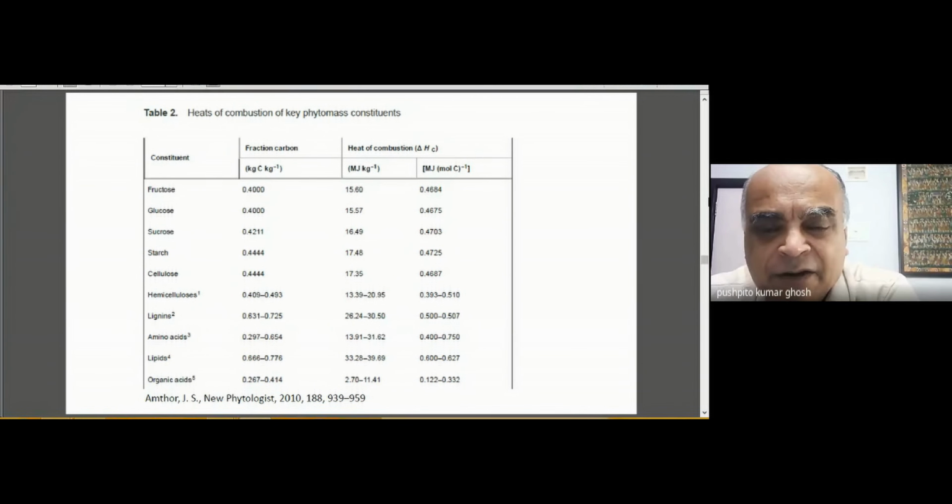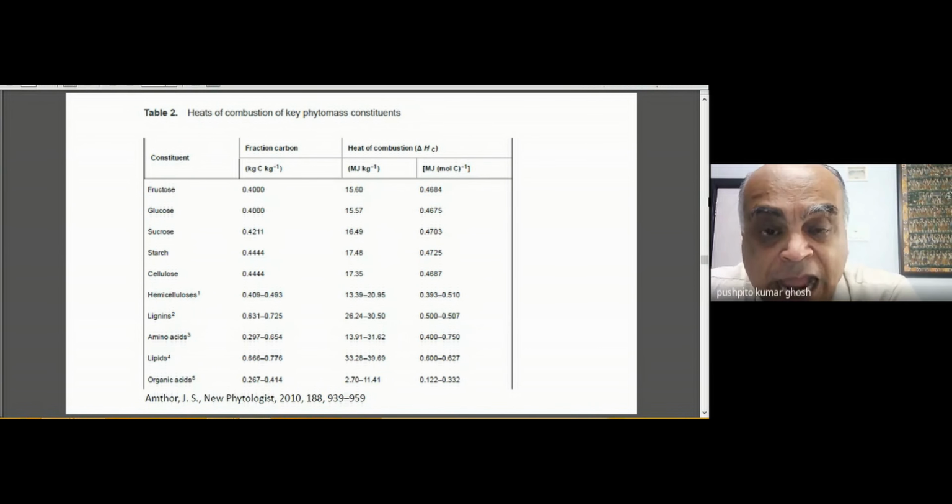Okay, and whereas if I take something like a lipid with a -2 charge, obviously when it is combusting, it is going to form CO2 plus water, and I'll get the maximum heat of combustion for that. So remember that the lower the oxidation state of the carbon, the more will be the heat of combustion.